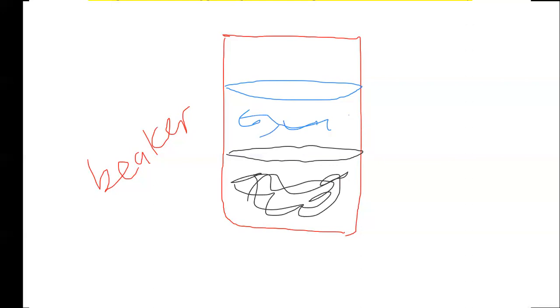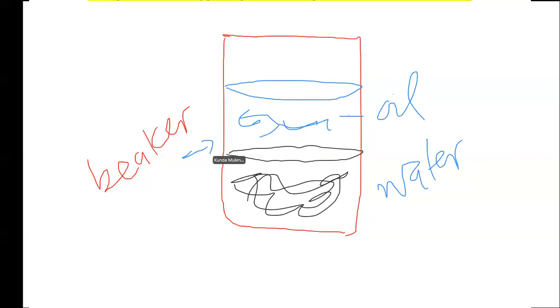Let's say this is oil, and this is water, oil and water. And then you bring in a biscuit. It's a practical example I can give you. And then this biscuit, how is it able to dissolve?